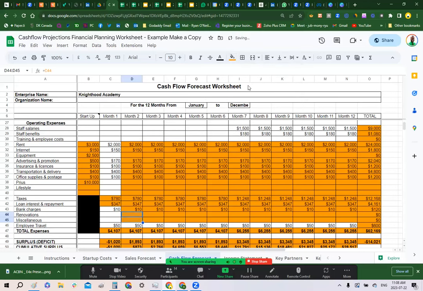All right, so let me pause here and see if there's any questions about the startup costs and then the monthly expenses. Because this is the section that feeds into the rest of what we're going to do. So I do want to make sure that we understand we're putting in our startup costs and then we're putting in our first month of costs.